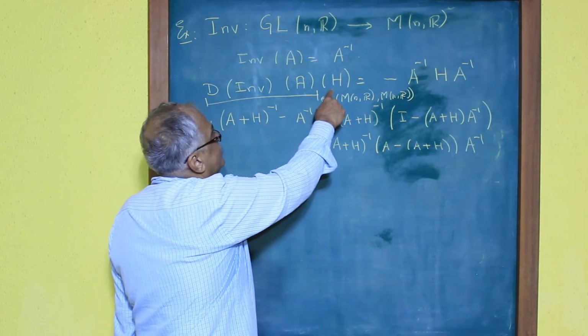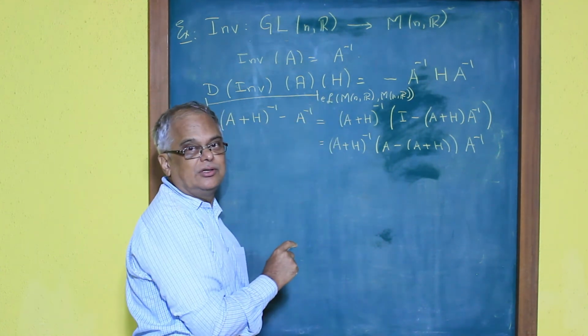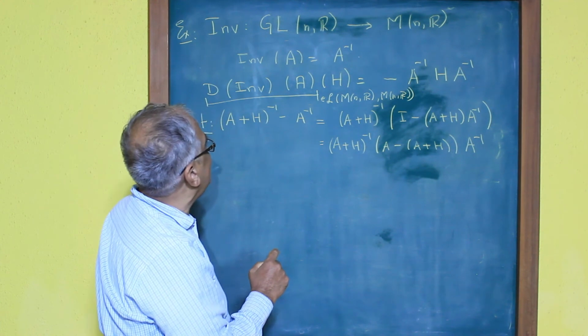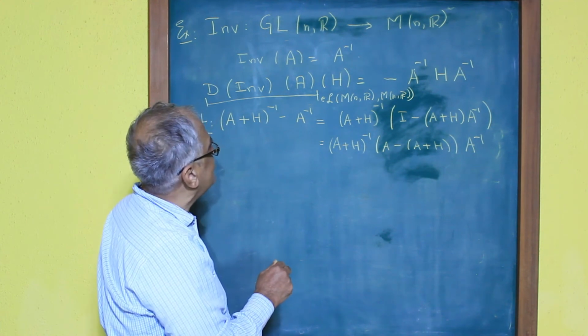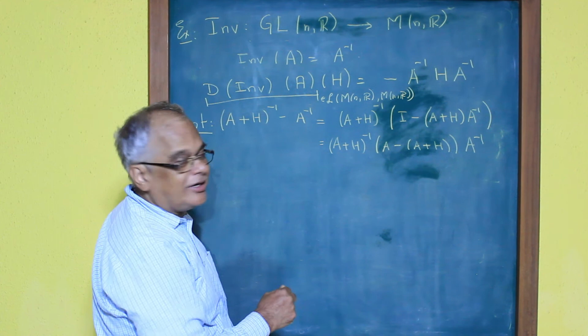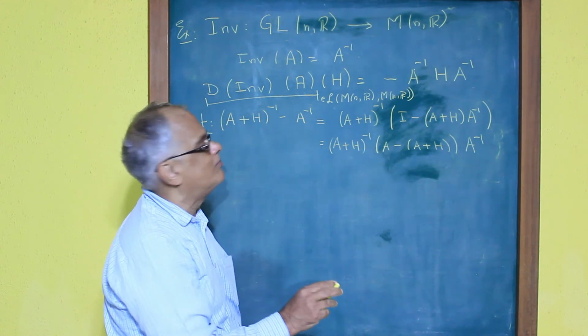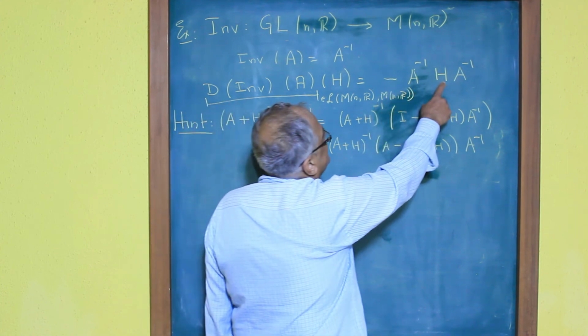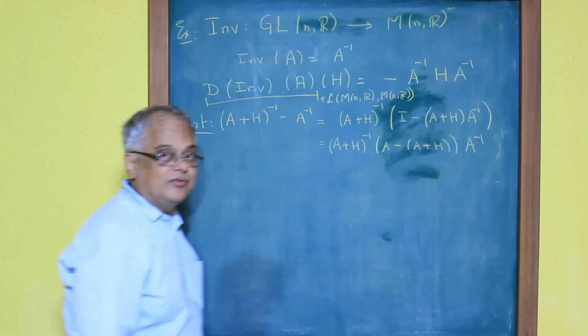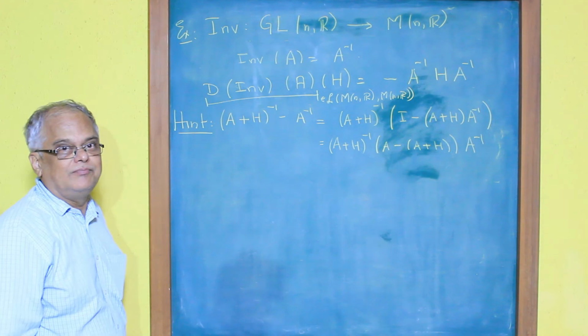So it should be linear in this variable h. And I want to say that the derivative of the inverse evaluated at A, evaluated at a matrix H, remember all these are n by n matrices, is equal to minus A inverse H A inverse. This is linear in the H, please note that.